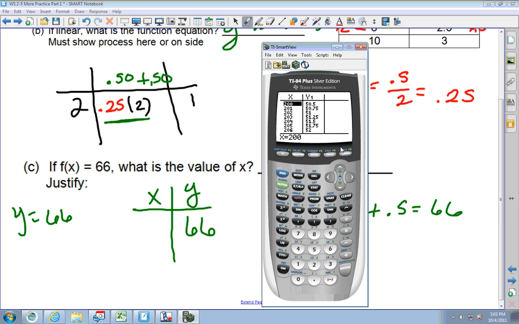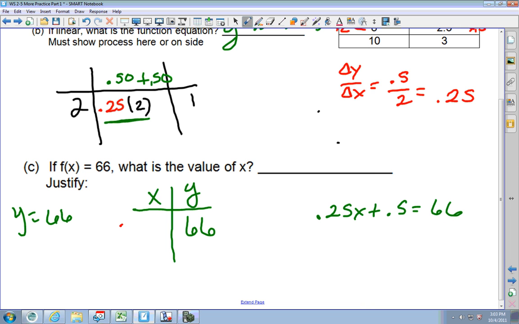Second graph. That's 50. Let's try 250. I am totally just guessing numbers because we're going to see when we get close. We got close. So now there's 66, and my x number is 262. So it should be 262.